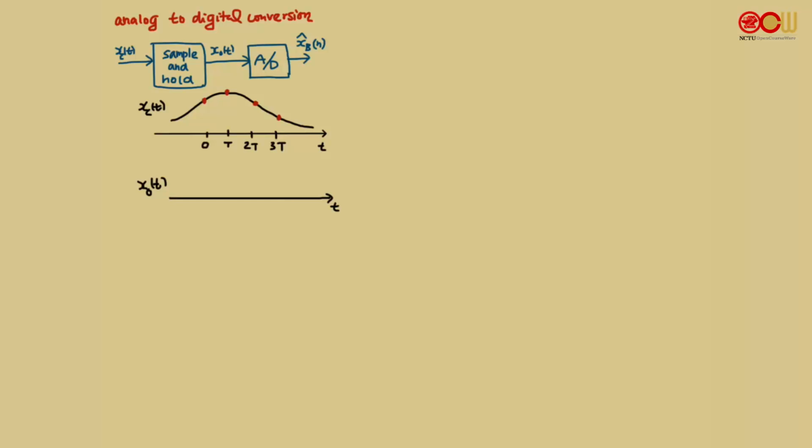It would have the value here. It sampled the value of xc at multiples of T and then hold it for a period of T. So this is what the output of the sample and hold looks like. It looks like a staircase.